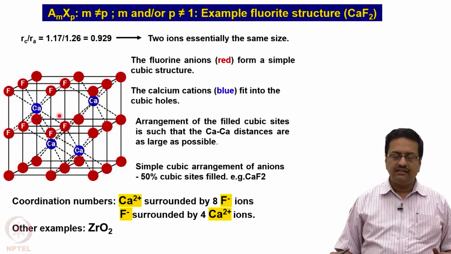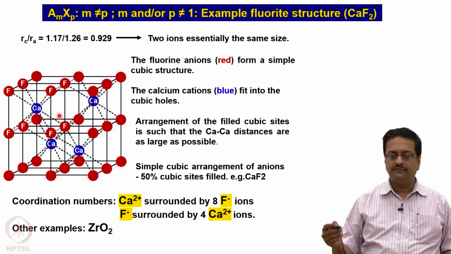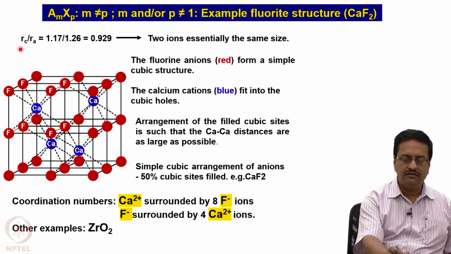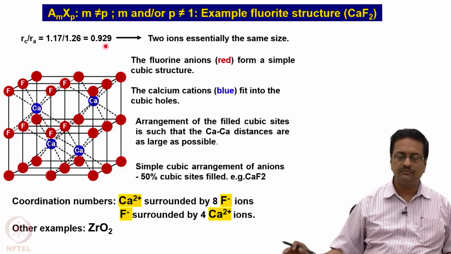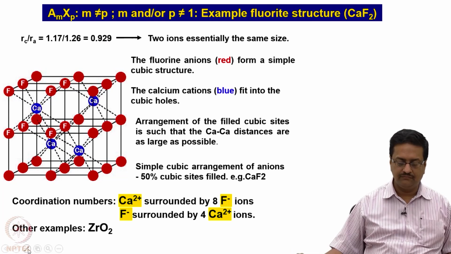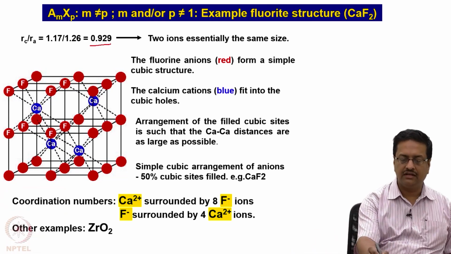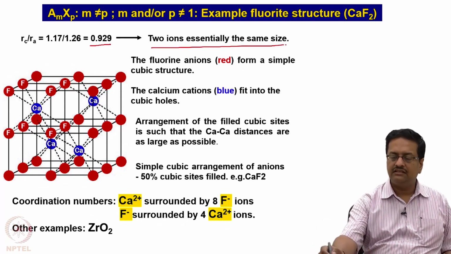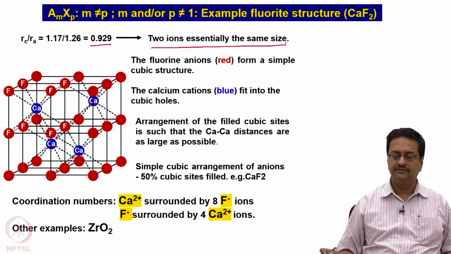Now let us see the crystal structure of the fluorite structure, calcium fluoride, where the radius ratio is about 0.929, very close to 1. That means the two ions are essentially of the same size.